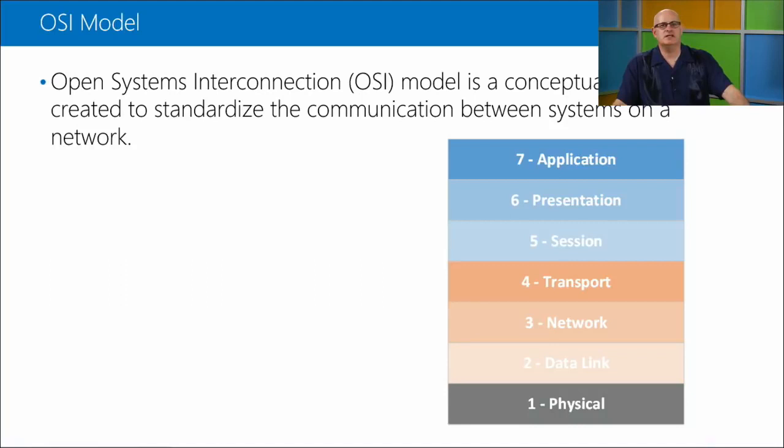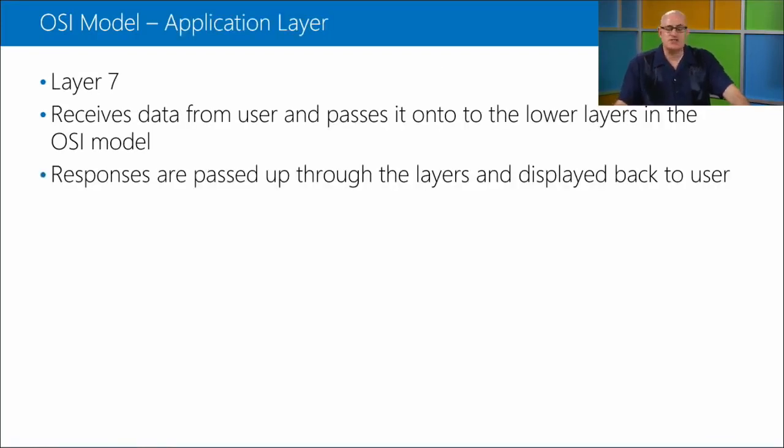Right, so we're basically just going to take each layer of the OSI model, very quickly review it, and continue on. So layer 7 of the OSI model is the application layer. It receives data from the user and passes it to lower layers in the OSI model. As responses come back up, it presents that information to the user.